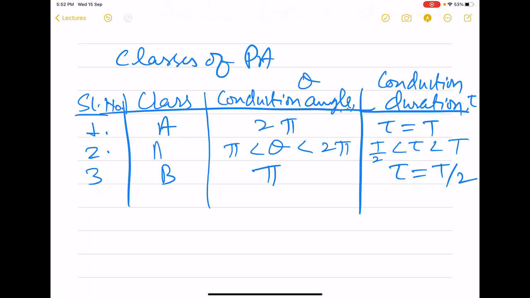And since its conduction angle is between that of class B and class A, this is why it is called class AB. So here for class A and class B, the conduction angle is fixed, equal to pi for B, 2 pi for A. However, for class AB, it could be anywhere between pi and 2 pi. So there is a range of conduction angle for class AB, but fixed conduction angle for class A and B.